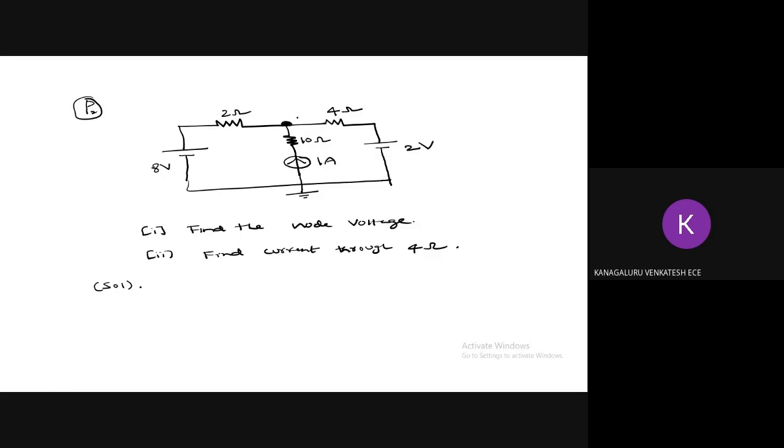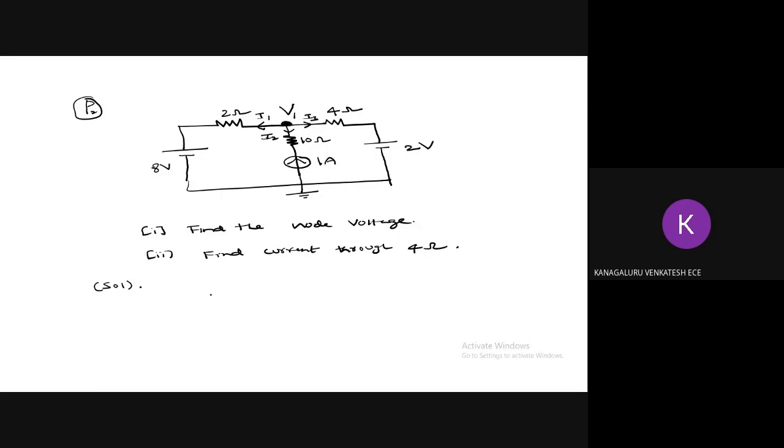We identified the number of nodes, and then step 2 is assigning a variable to that node. I'm assigning a variable V1. Then the next step, I am supposed to apply KCL first and then Ohm's law. So I don't want to represent I1, I2, I3 here, but if you want, let it be I1, I2, I3.